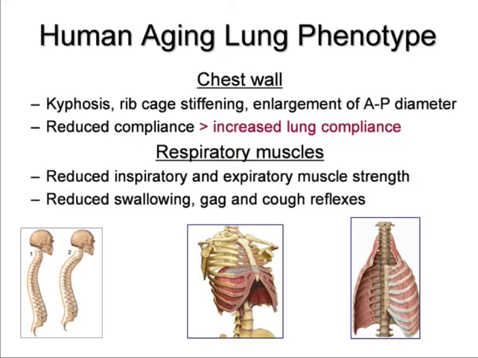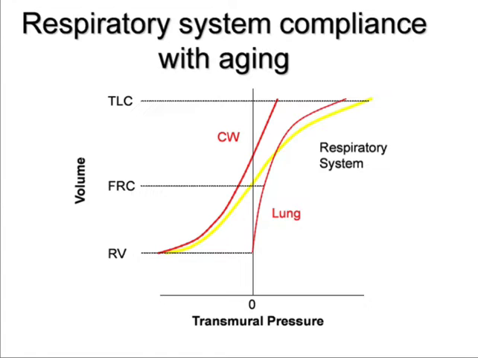So the combination of rib stiffening, reduced skeletal compliance, and weaker respiratory muscles culminates in a restrictive profile on pulmonary function testing. So as you can see, aging can result in the complex respiratory picture of both obstructive and restrictive lung physiology.